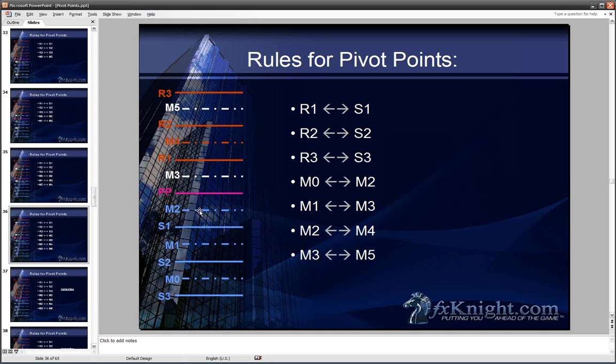But, you know, if you start out in the morning and you bounce off the central pivot point as a ceiling and start to move down, well, you probably know how price is going to move the rest of the morning. And if you start off your morning and you just broke above the central pivot and you found some support there and bounced up, well, it's a pretty safe bet that you're going to keep moving up the rest of that session, or at least till some other major news hits to change people's opinions.